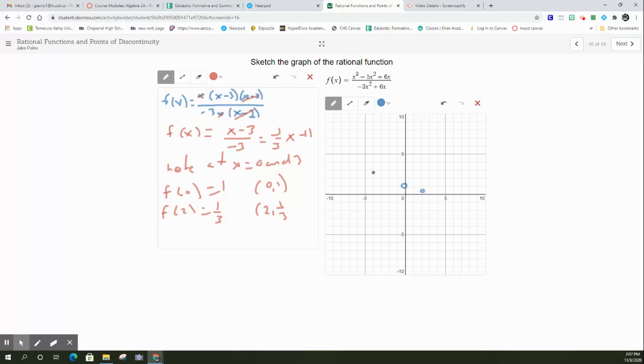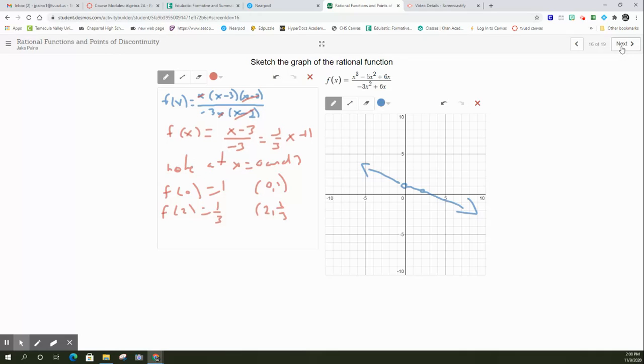And then this is just a line that goes through those points. So it looks like a line, but it has 2 holes in it. So the domain would be all real numbers except 0 and 2.